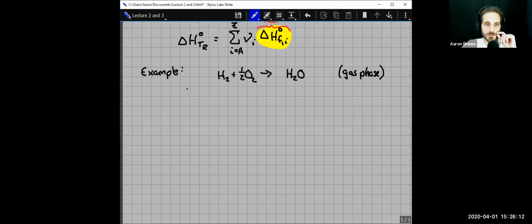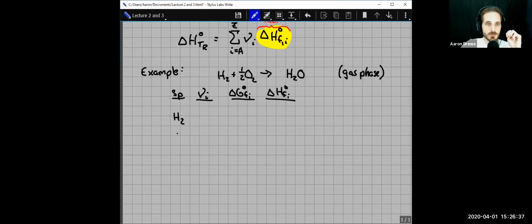So it can be really useful to, like I said, get a little stoichiometric table going here. I will summarize my delta G of formation for each one and my delta H of formation for each one, along with their stoichiometric coefficients.